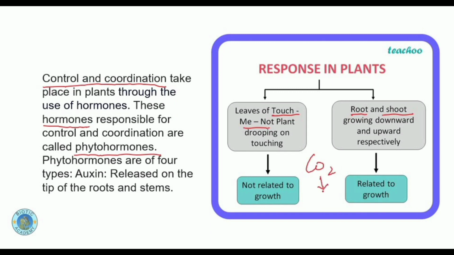So it is not that the plant will always show a positive response to the stimuli, but it will show a negative response if that particular stimulus is harmful for the plant body.